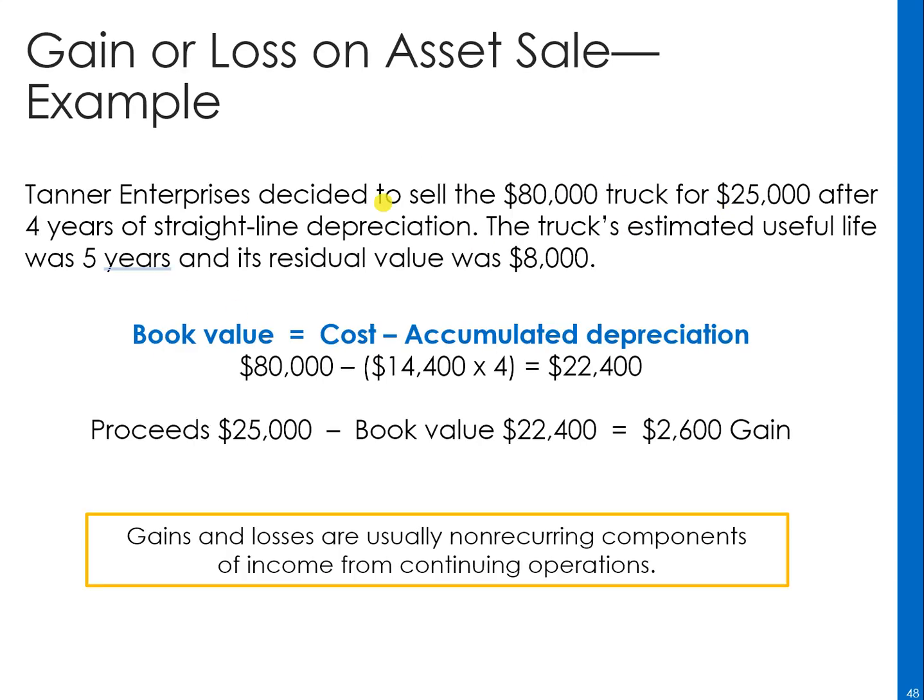For example, the company decided to sell this truck for $25,000 after 4 years of straight line depreciation. First we need to calculate the remaining book value by the end of the 4th year.